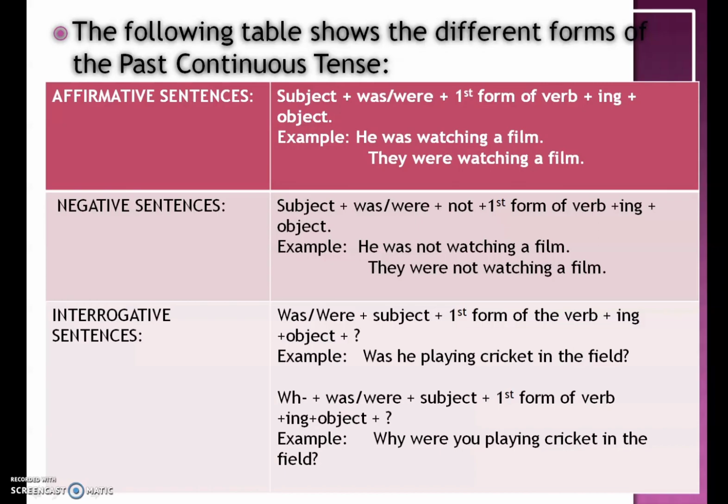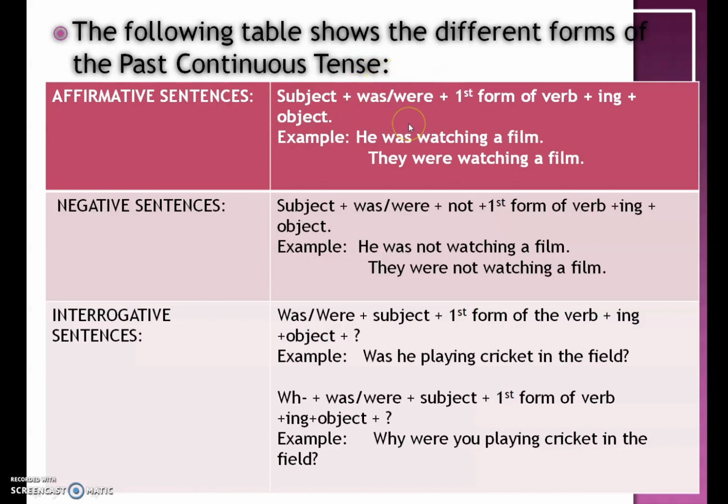For the table, as I have already mentioned, in continuous tense, it could be present, past or future. You always use the first form of verb and ing. Now, how are you going to know whether it is past continuous or present continuous or future? You have to see the be verbs.